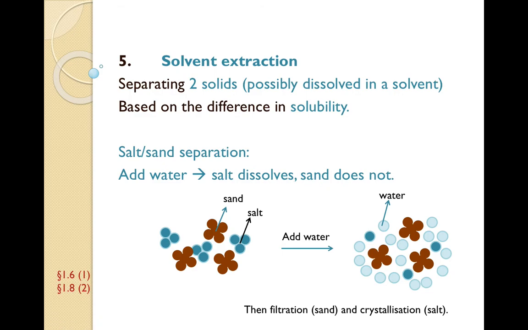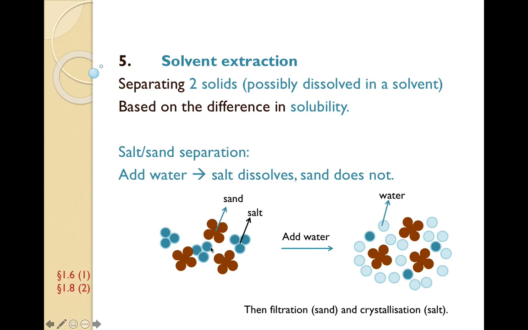Then we get the process of solvent extraction. There, for instance, we can use this if we have two solids and we want to separate them. The example is sand and salt. Sand, as you all know, does not dissolve in water, while salt does.